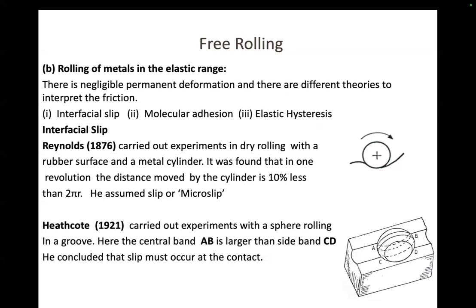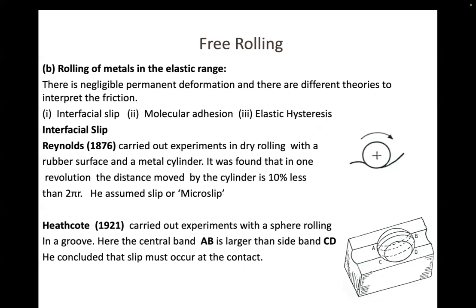Interfacial slip. Reynolds in 1876 carried out some experiments with dry rolling with rubber surface with a metal cylinder, of course, loaded metal cylinder. And he found out that the cylinder moves 10% less than 2 pi r. How can that be? That is only possible if there is a slip.